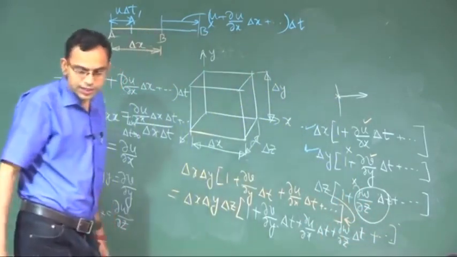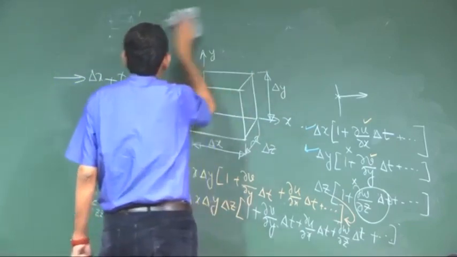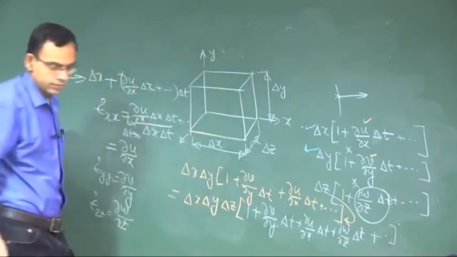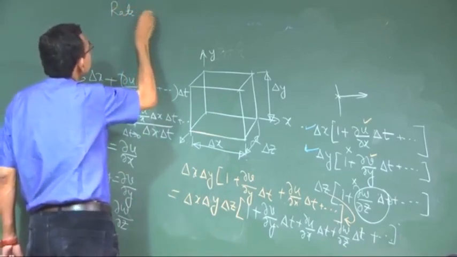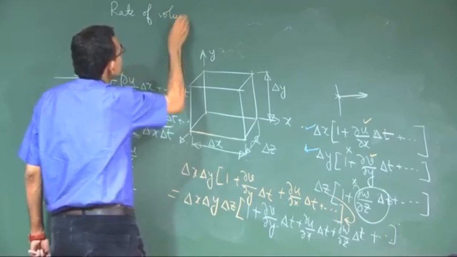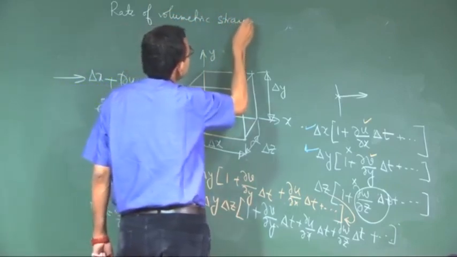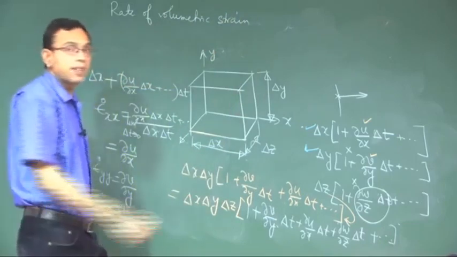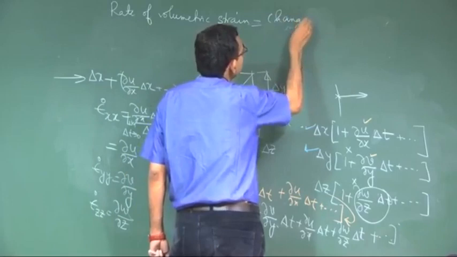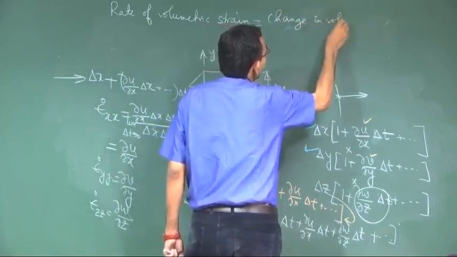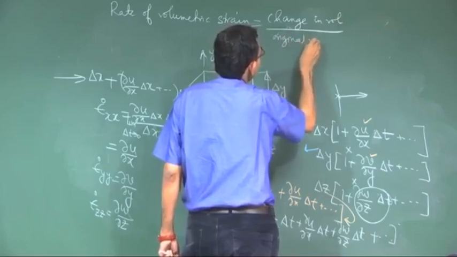So, what is the rate of volumetric strain? Change in volume, rate of volumetric strain. This is change in volume by original volume per unit time.